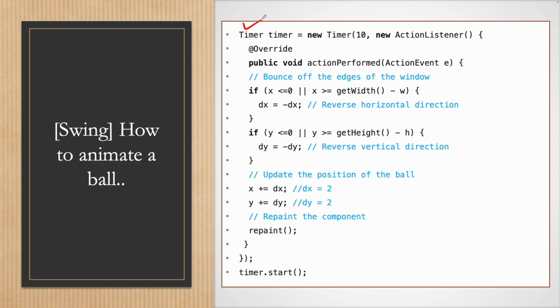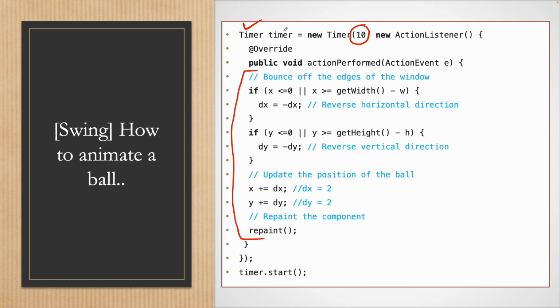The Timer object will allow you to delay the update. So if you take a look at what's happening inside of the actionPerformed method here, where we put in the selection statement and we also put the update of the location, this code will be called every 10 milliseconds.